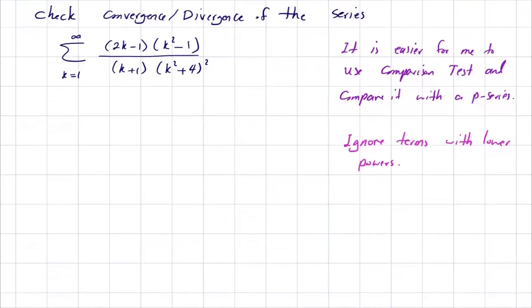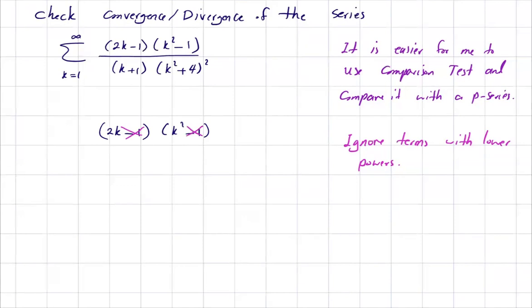So if I write this series, take the general term, my general term on the numerator, ignoring the lower terms. This is 2k minus 1. So I can ignore negative 1 compared to 2k. 2k goes to infinity much faster than negative 1. Between k squared minus 1, k squared goes to infinity much faster than negative 1.